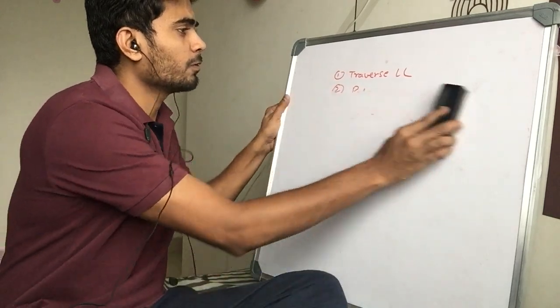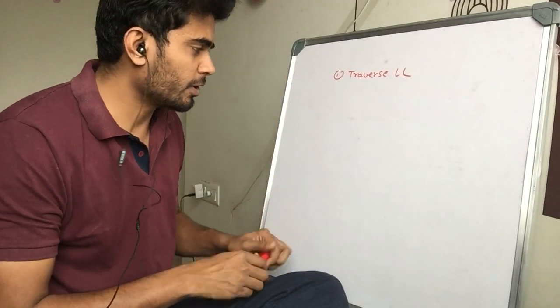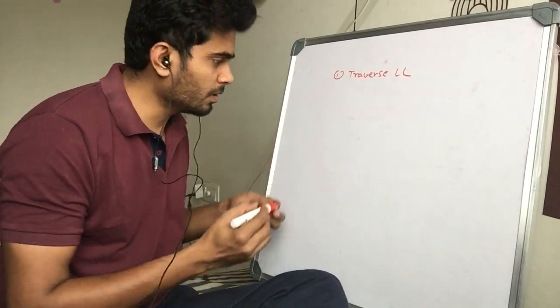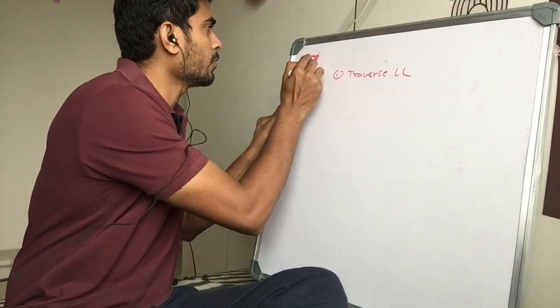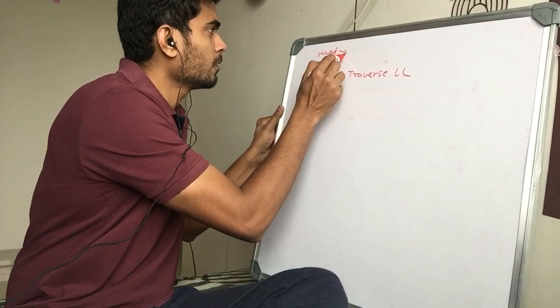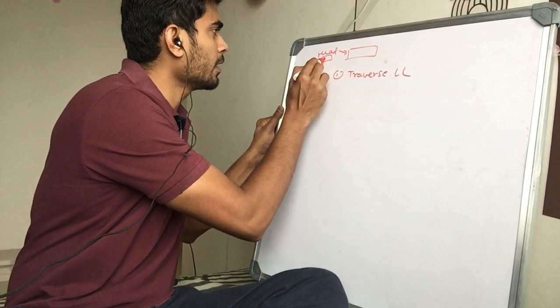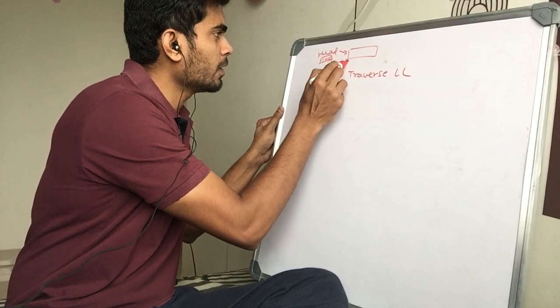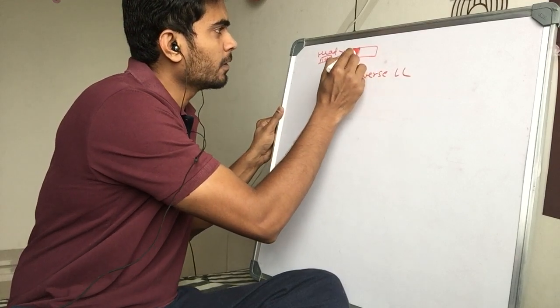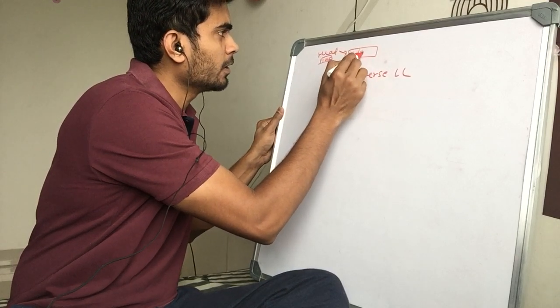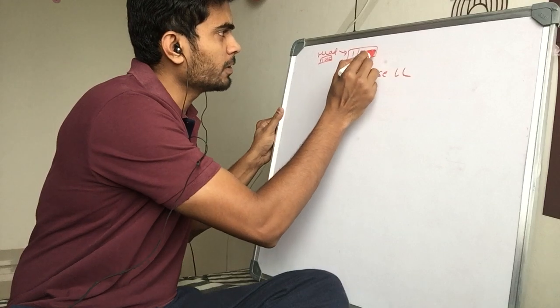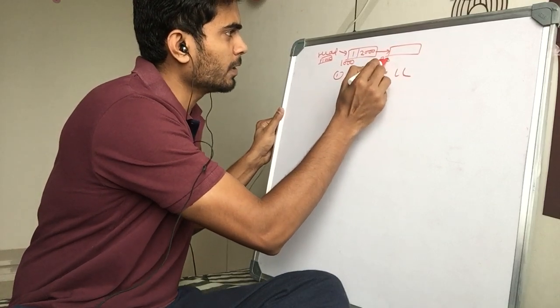So the first one is traversal. Suppose this is your linked list. This is storing address say 1000, this is 1, and it is storing address 2000, which is pointing to the base address of the next node.